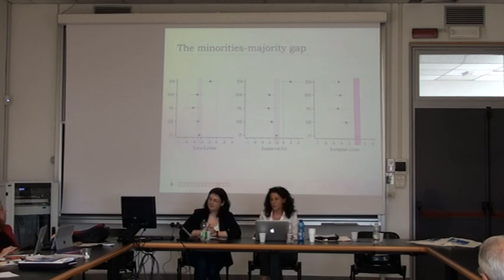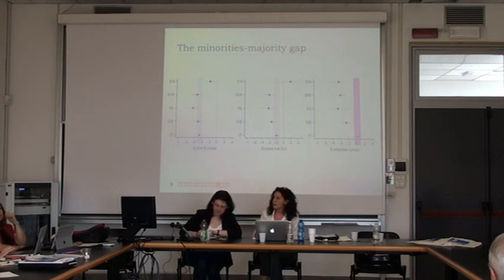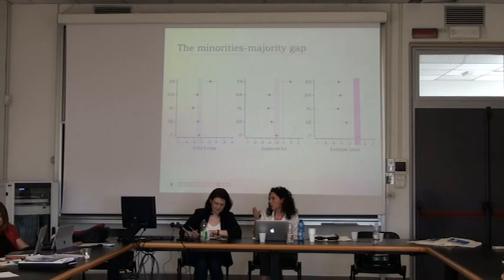So my suggestion is to display a table in which you can show the different composition of the foreign population or of the student population in order to sustain your interpretation of your data.